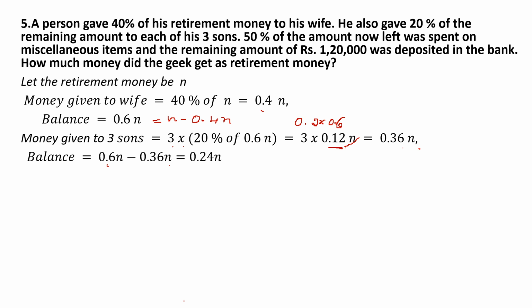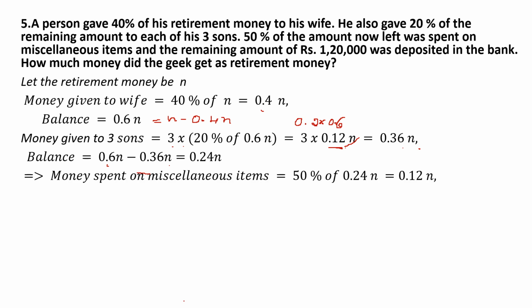Now 50% of this balance is spent on miscellaneous. So 50% of 0.24 is 0.5 into 0.24, which is equal to 0.12. So this is spent on miscellaneous.